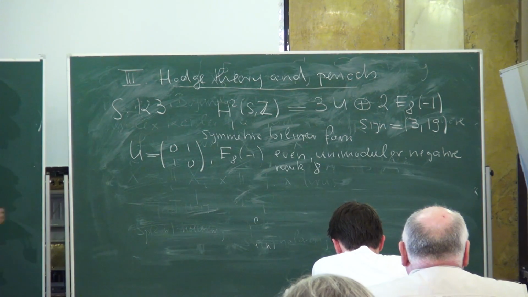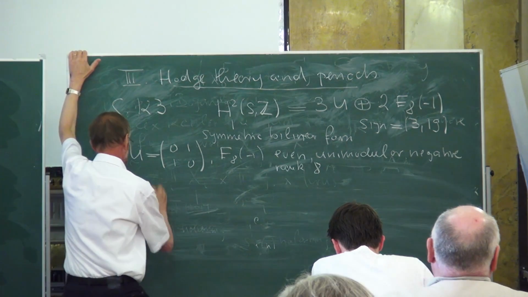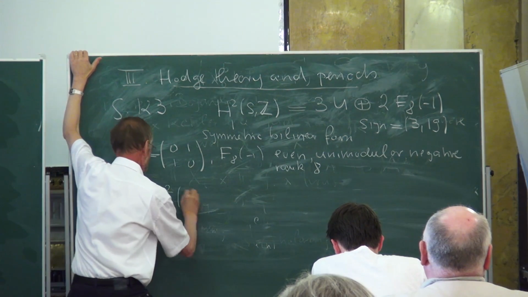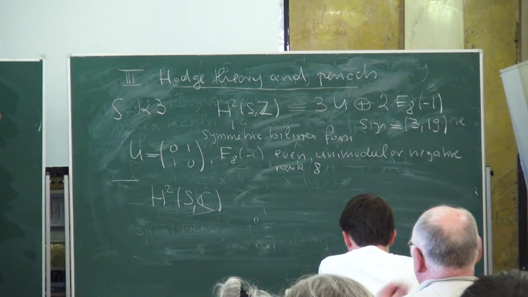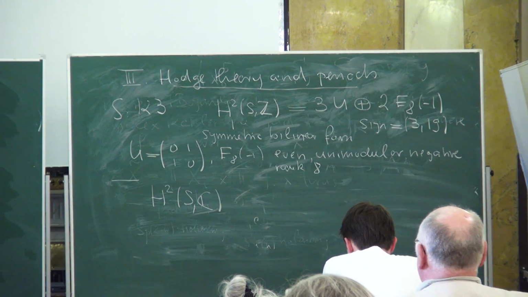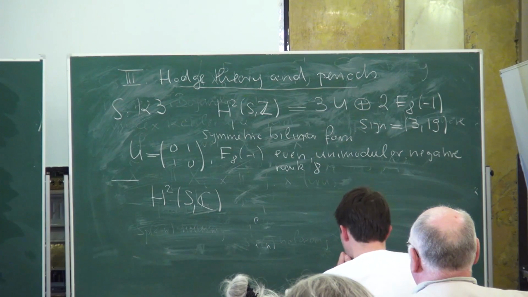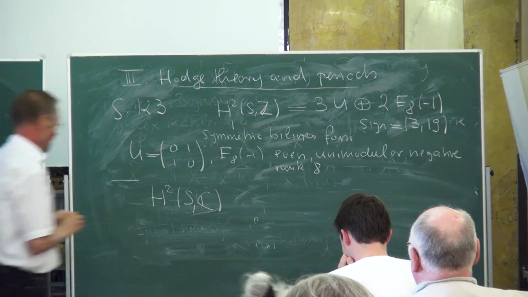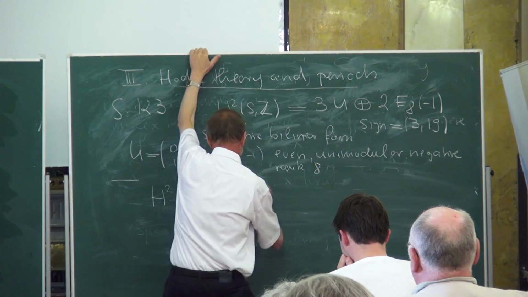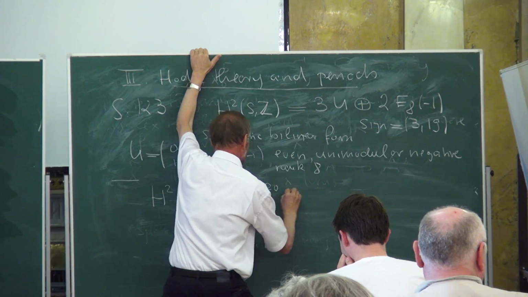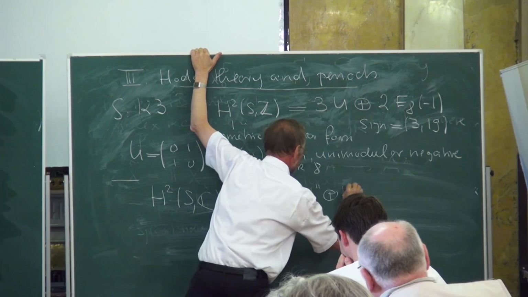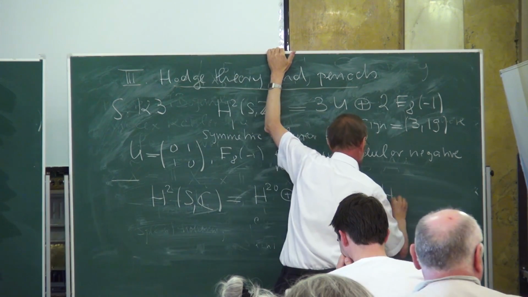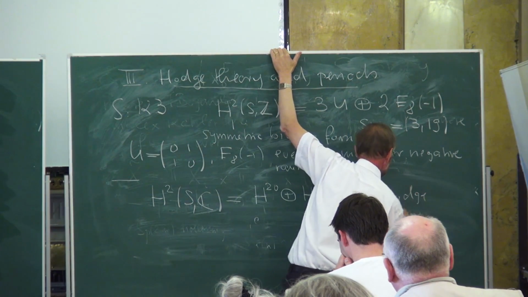Now there is also a complex structure, and that complex structure becomes apparent when I look not at the integral cohomology, but at cohomology with complex coefficients. And then one has, because these are Kähler manifolds, what is called a Hodge decomposition. So that's a Hodge decomposition.